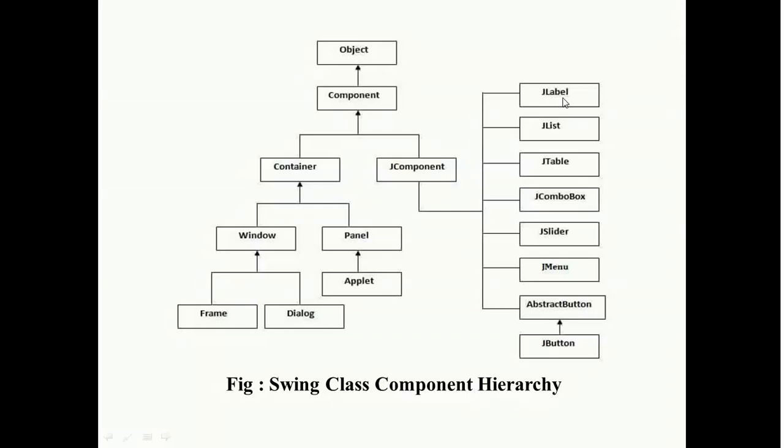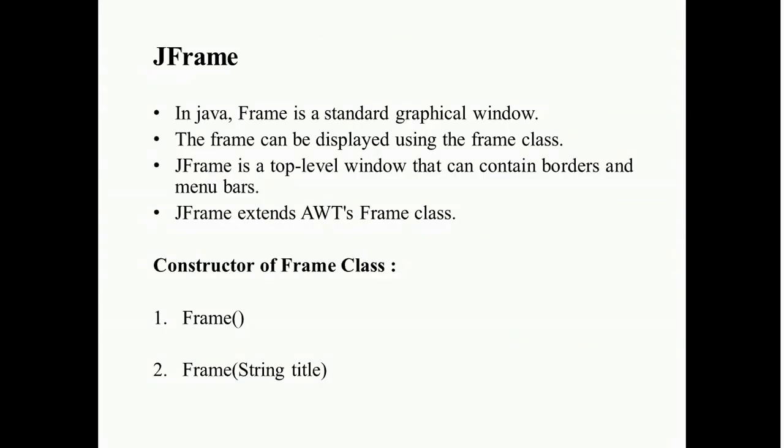In that, JLabel, JList, JTable, these are the components of Swing. So this figure shows the Swing class component hierarchy. Now see all these components one by one.